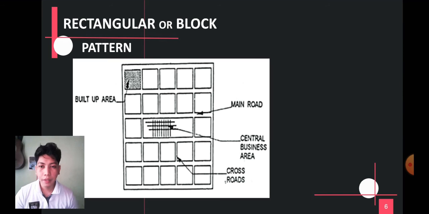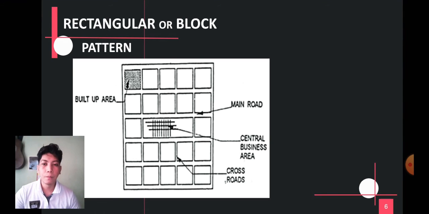Then this type of pattern is normally considered weak from the road safety point of view, as vehicles meet from opposite directions at intersections, because the roads are at 90 degrees, which is considered to be perpendicular from one another.